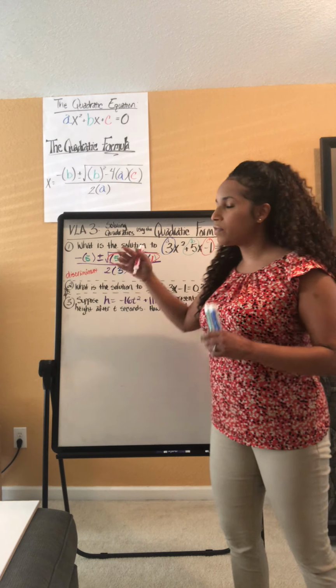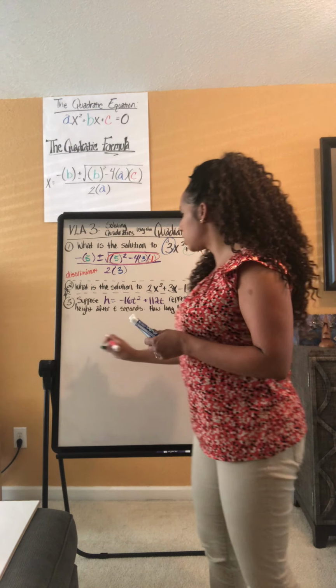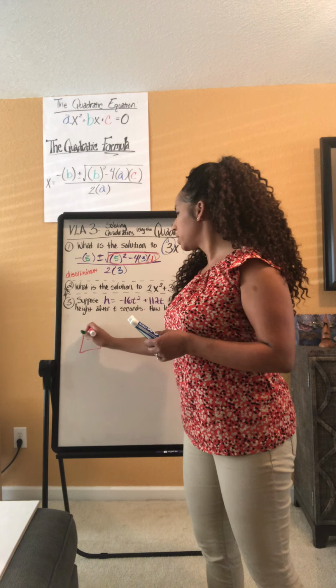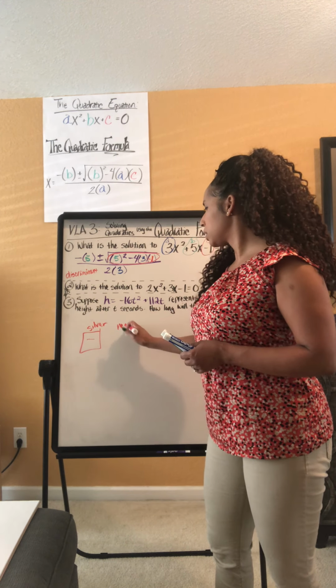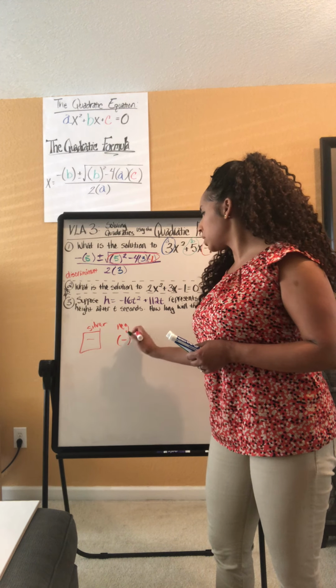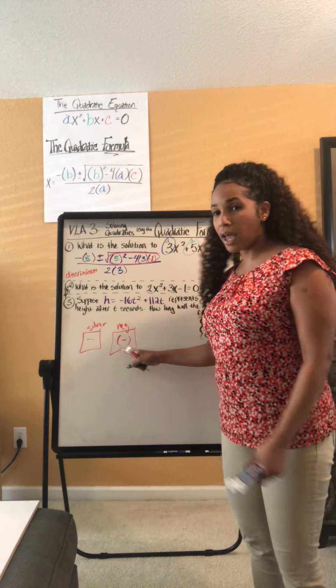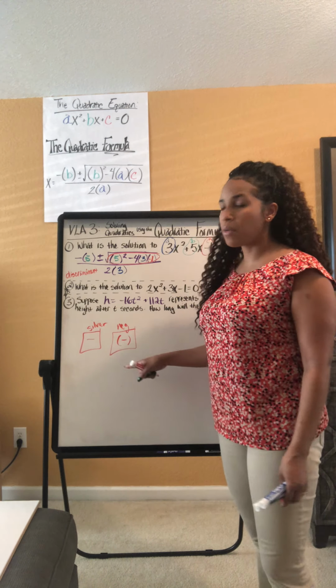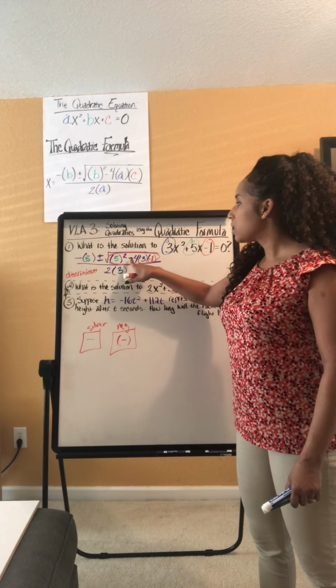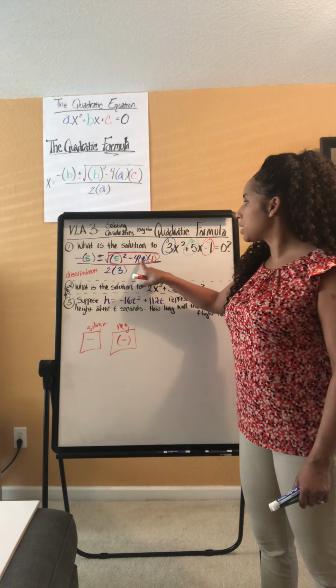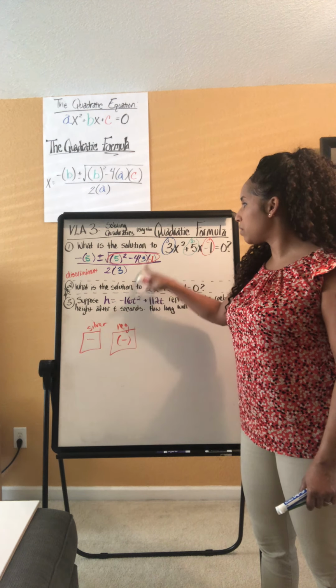If you have the class set of calculators, the subtraction button is silver, but the negative button has parentheses around it. They are 2 different buttons and it will not work if you try to switch them up. So 5 squared subtract 4 times 3 times negative 1.